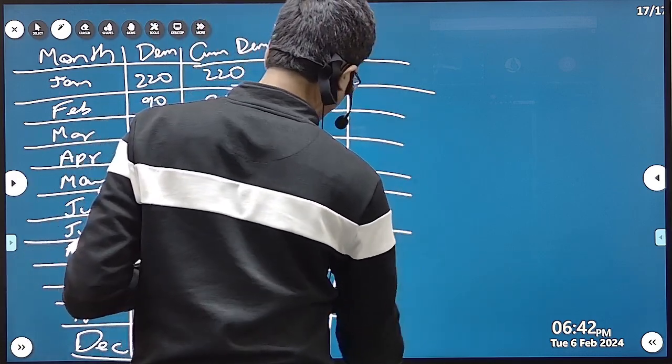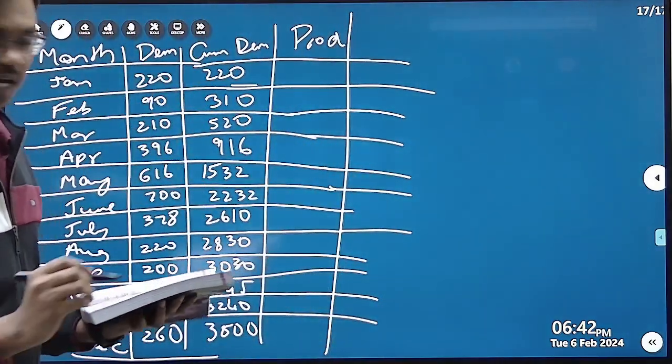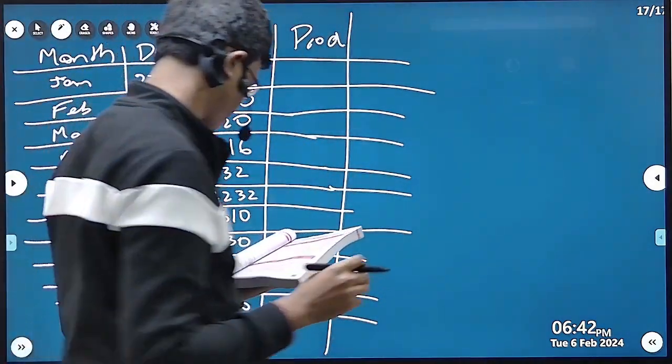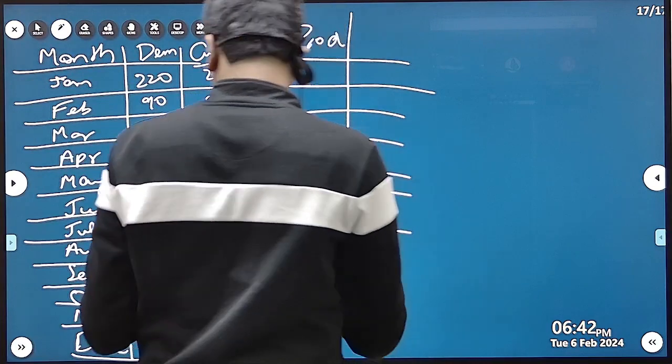So we are producing at a rate of 14, right? Average is 14 and we have the number of days. So let us keep 14.